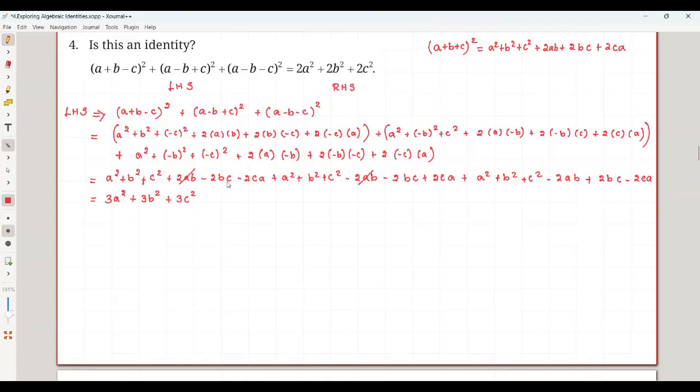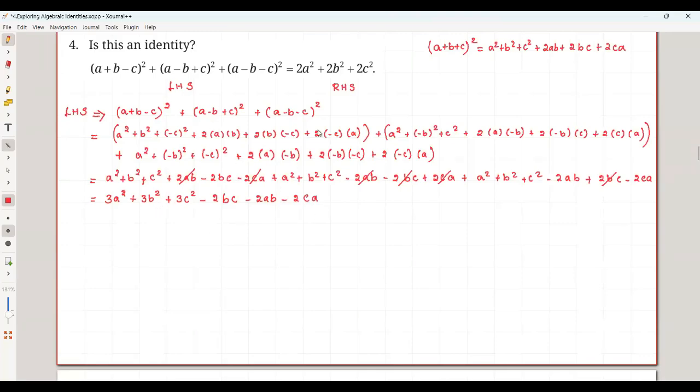Next minus 2bc, here also minus 2bc, and here plus 2bc, so minus 2bc and plus 2bc cancel. Minus 2ca and plus 2ca cancel. So the balance is minus 2bc, minus 2ab, and minus 2ca. This is the left out answer.